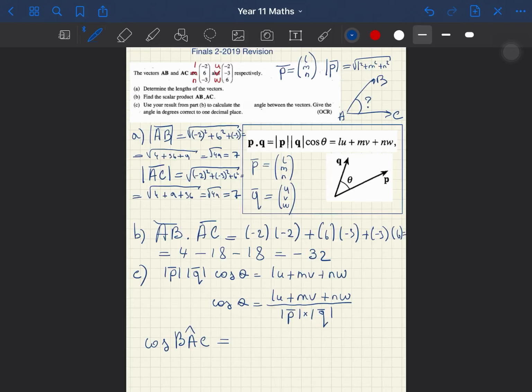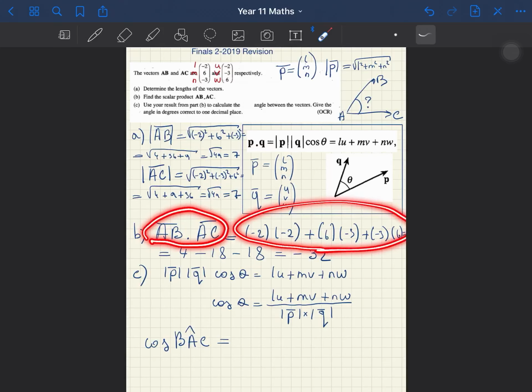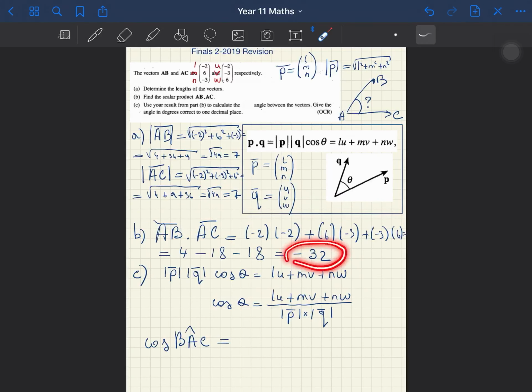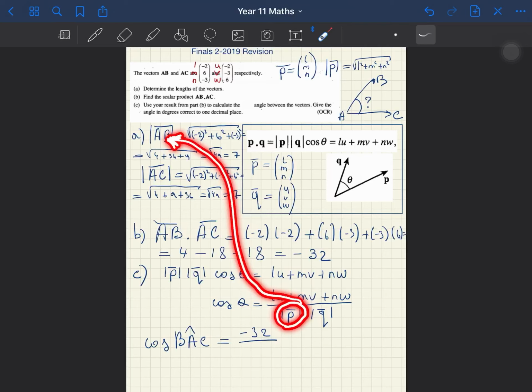But we just did that in part B. We just found it, so we already know this. It's equal to negative 32. So we write negative 32 on top, and on the bottom we write P, which in our case is AB, and we already found the magnitude of AB is equal to 7.